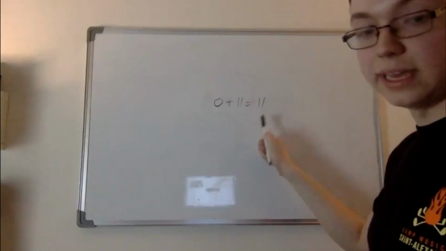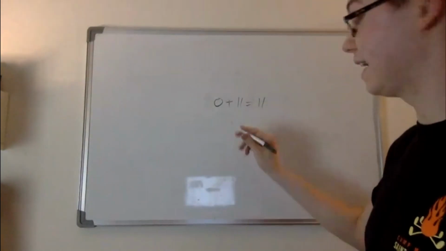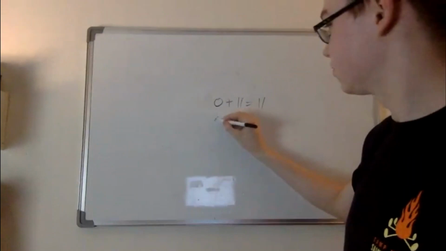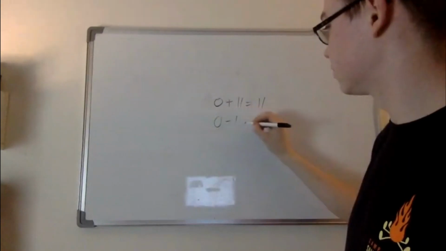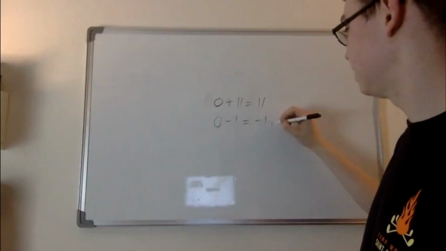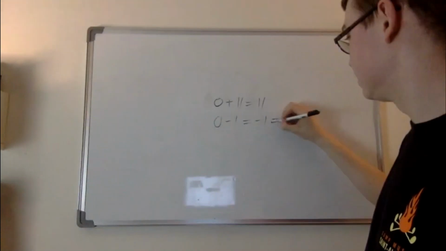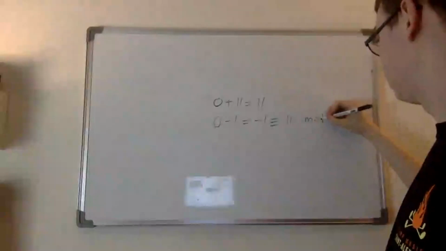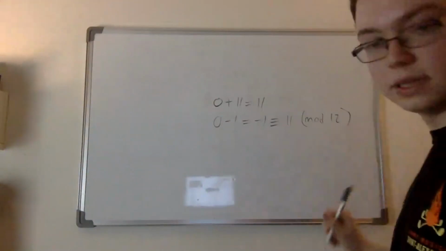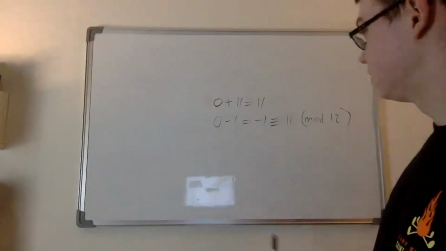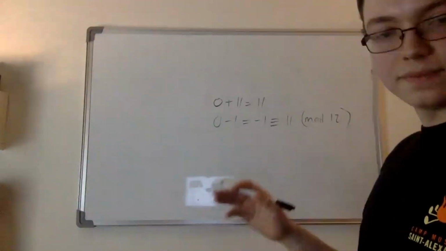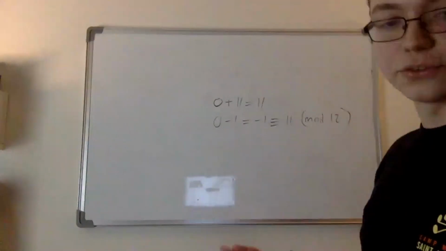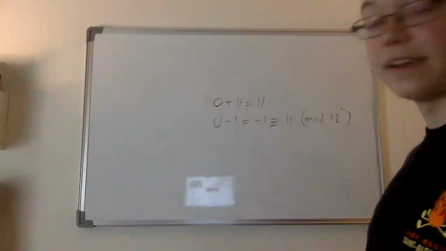But also, if I want to go to B, I can go down. So I can have 0 minus 1, and minus 1 is equivalent to 11 mod 12. So intervals that are the same, going in opposite directions, can lead you to the same note, and intervals that do that, we treat as the same.